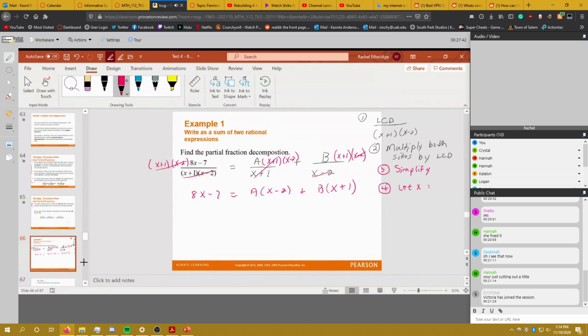So I'm going to let x equal a number that will eliminate either A or B.